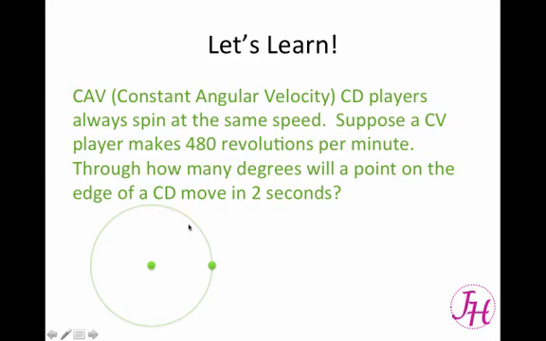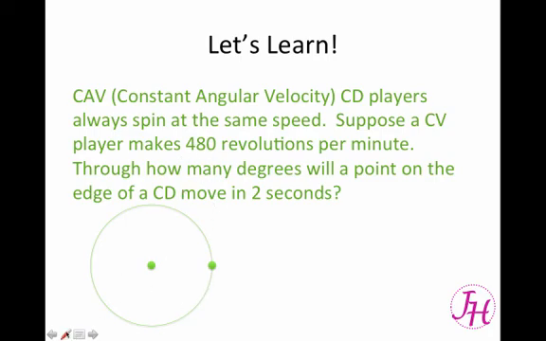We want to figure out how much rotation this point is going to move in 2 seconds. We know it's 480 revolutions per minute. So in 1 minute, this little dot is going to move 480 times all the way around.